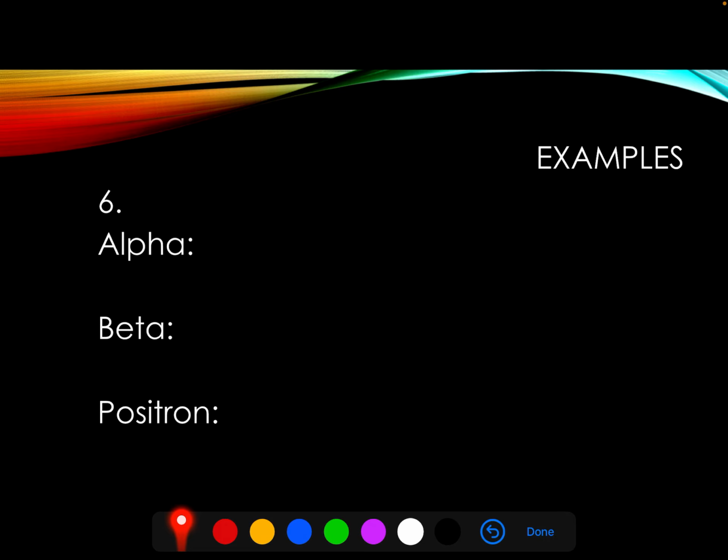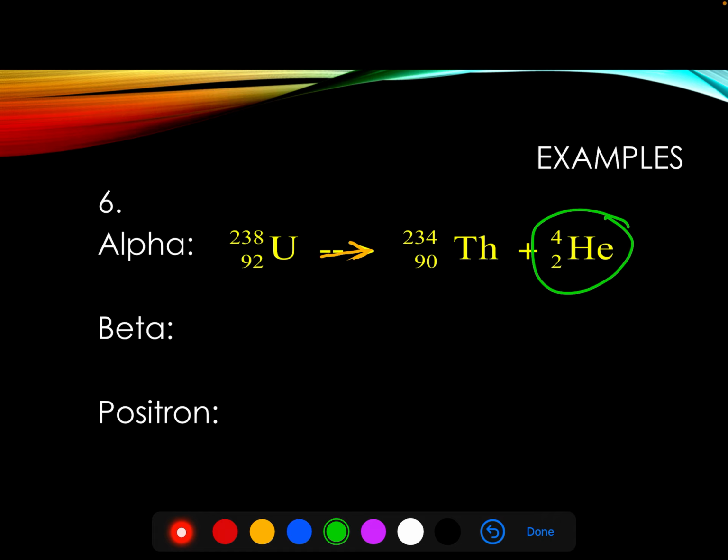So let's do some of these problems. Here's an example of alpha particle radiation. If you start out with this isotope, it's called uranium-238. When it decays, and that's what that arrow shows, it turns into thorium-234, and it releases this particle, which is the alpha particle.